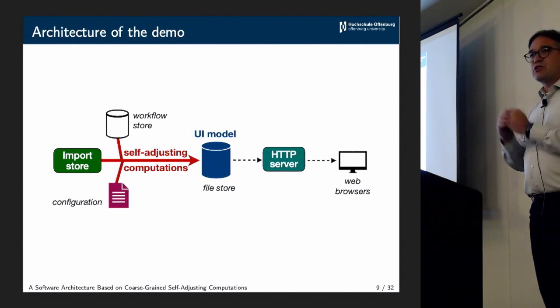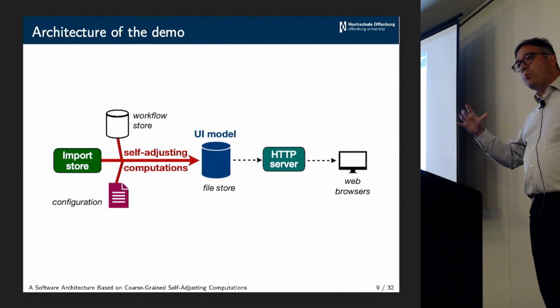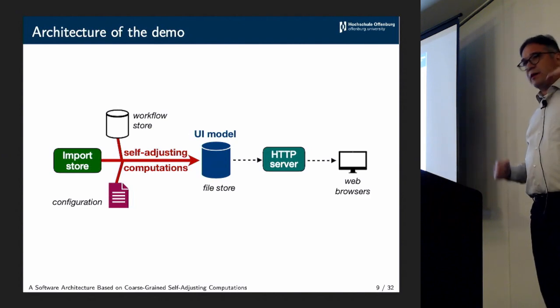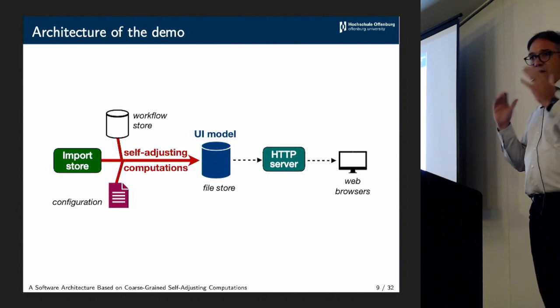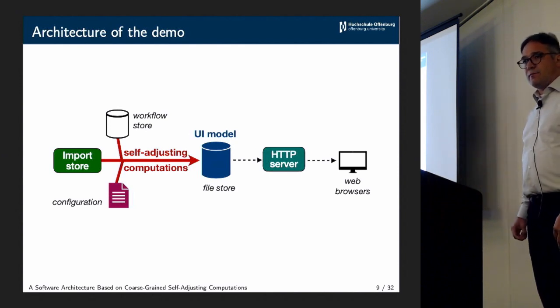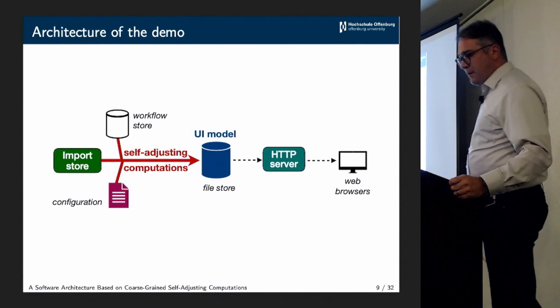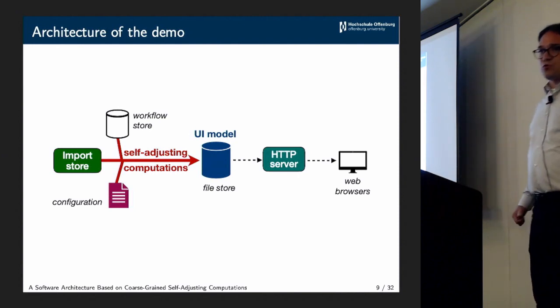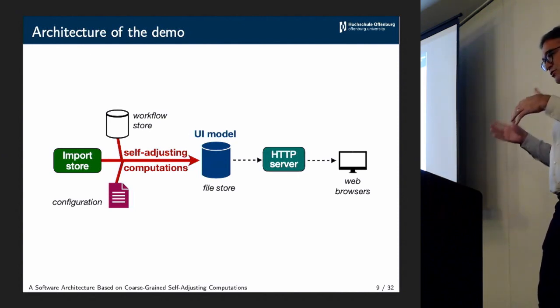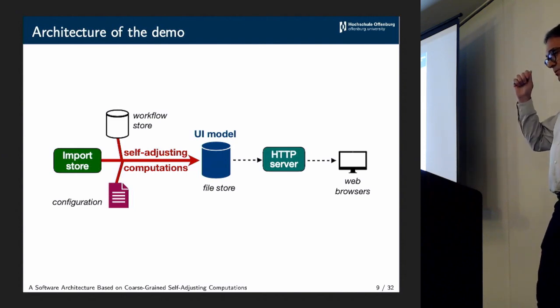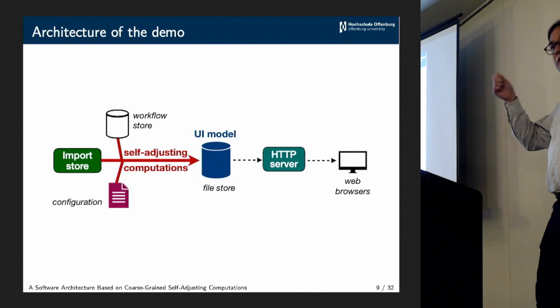You recompute the list, not with respect to the total history, but with respect to all patients that are currently admitted to the hospital. Yeah, we have to recompute it. That's what I mean by coarse-grained. If you look in the literature of self-adjusting computations, then you can really do updates on the granularity of individual list elements, and that's not what we are doing here.